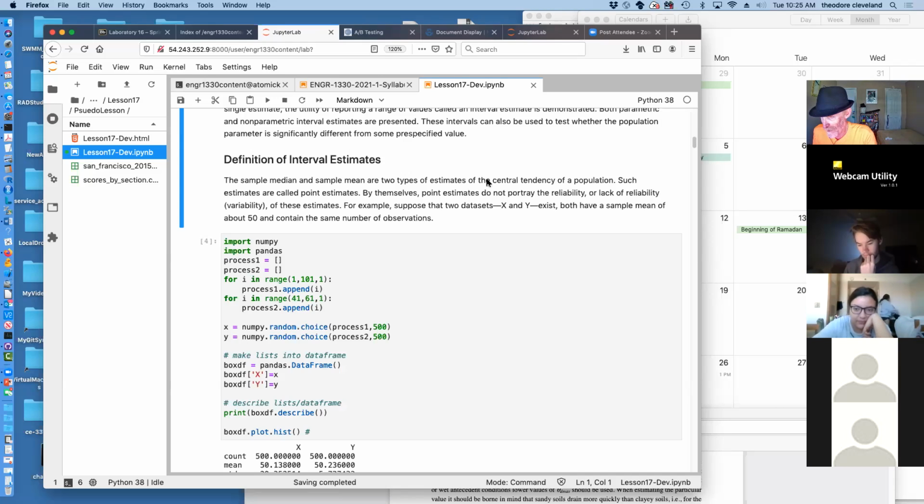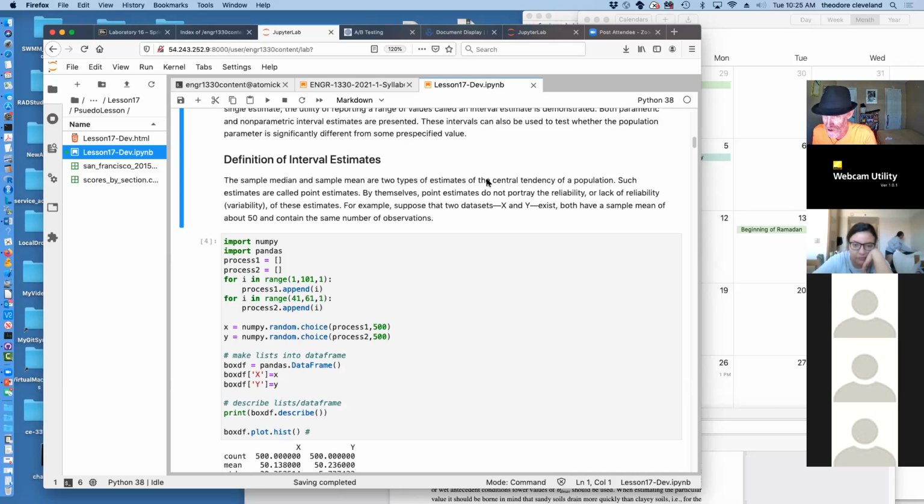So if I have a sample that contains 50 things, and the smallest thing is a 20, and the biggest thing is a 70, and 25 of the 50 things are smaller than 30, and 25 of the things are bigger than 32, what would be your estimate of the median? 31.